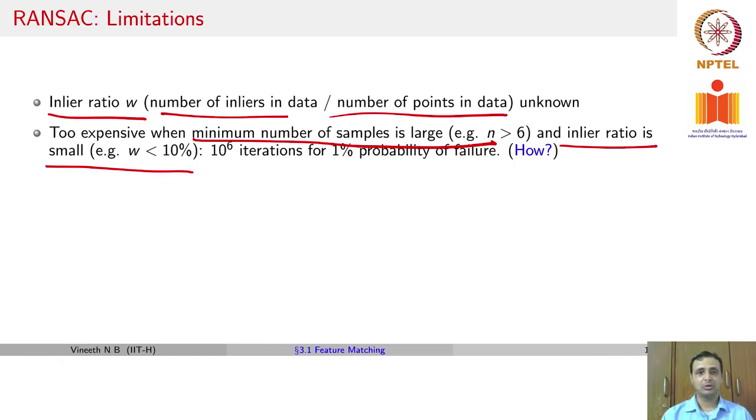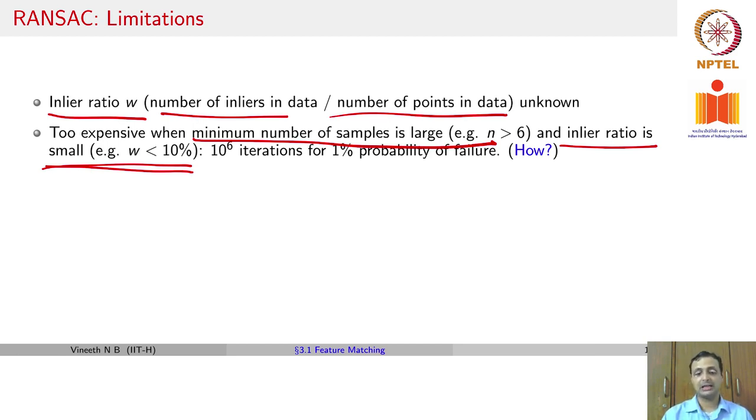Let's assume that your definition of a model is such that there are 12 free parameters, which means you need to draw at least 6 correspondences to learn each model, and then you need to check how many of them lie within a particular epsilon distance of the correspondences, and so on and so forth. If your original inlier ratio itself was small in these images, then you could have a tough time.